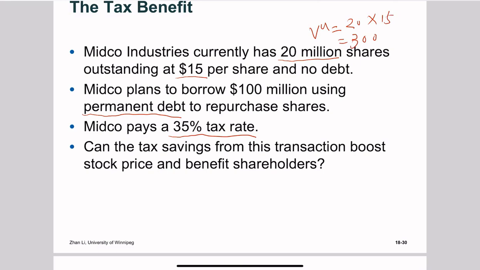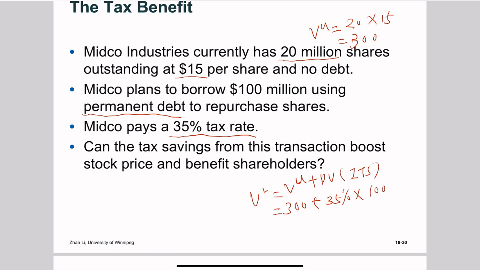Now what is VL? Well, we know VL equals VU plus the value of the interest tax shield, which is basically 300 plus 35% times $100 million.